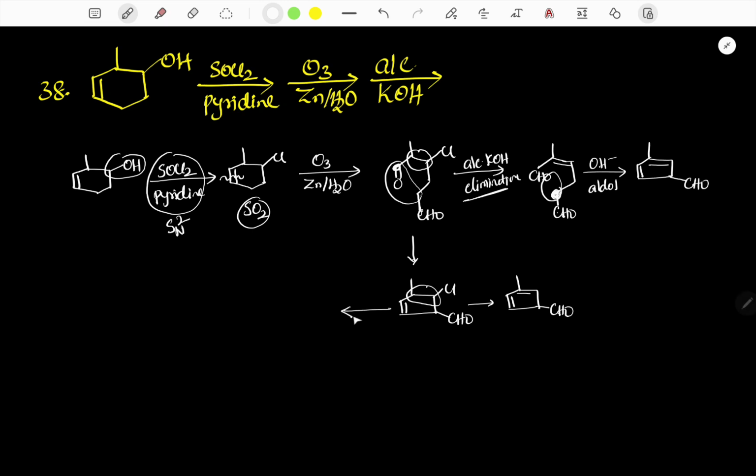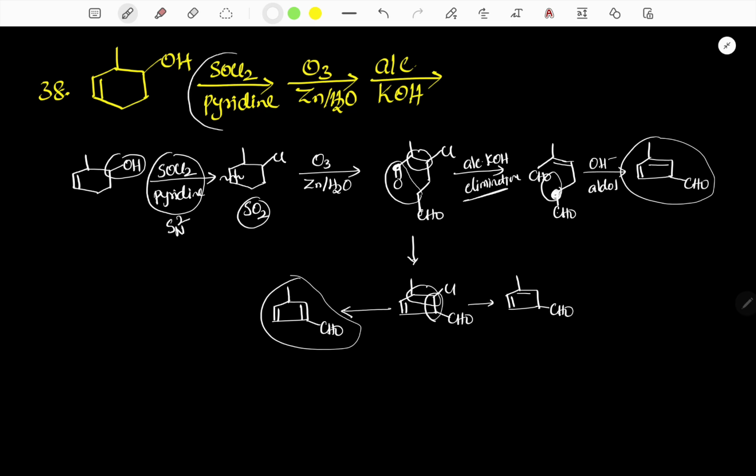Of course here one more type of elimination is also possible, this elimination, and it can also give the product like this. So these two can be considered as final products. So the first reaction is SN2 reaction, second reaction is reductive ozonolysis, and third reaction is aldol condensation and elimination.